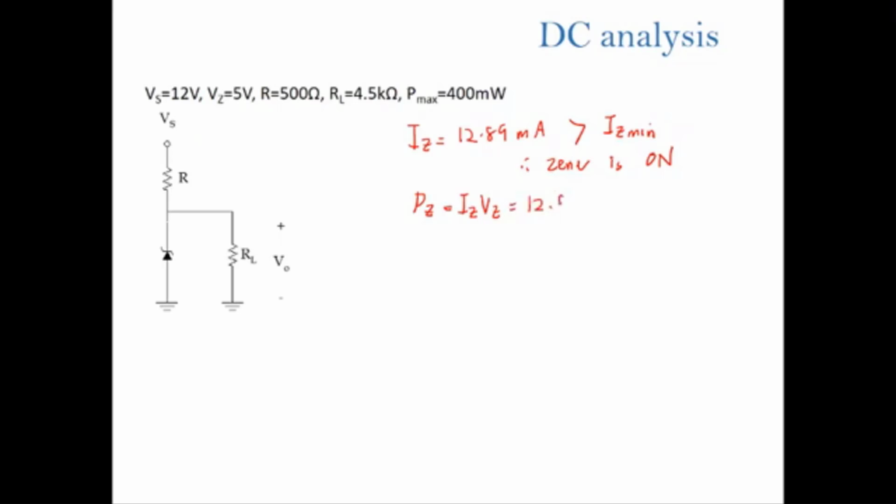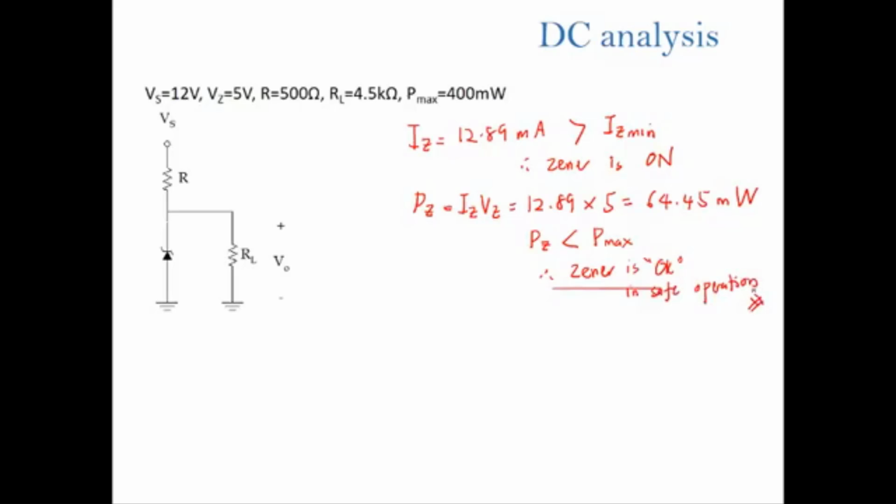This is 12.89 times Vz, which is 5, and this is equal to 64.45 milliwatt. Here this value Pz is lower than Pmax, which means that the Zener is okay, or in safe operation.